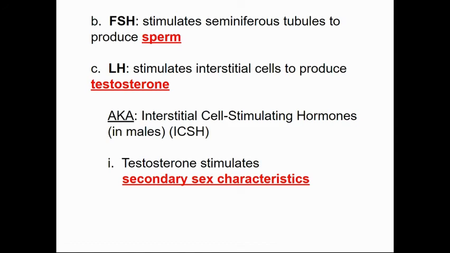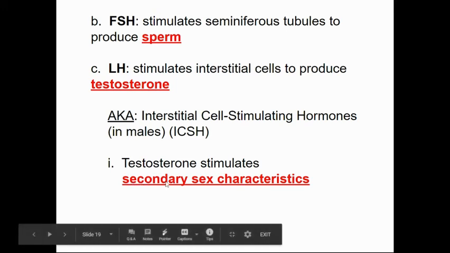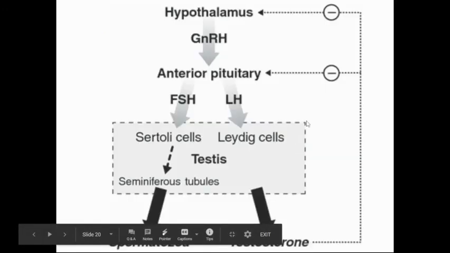So blood sugar would be an example, salt levels. And then neural. Obviously, our nervous system can stimulate certain glands to produce things, like our adrenal glands. So in this case, the luteinizing hormone triggers production of testosterone. Testosterone goes on and triggers secondary sex characteristics.